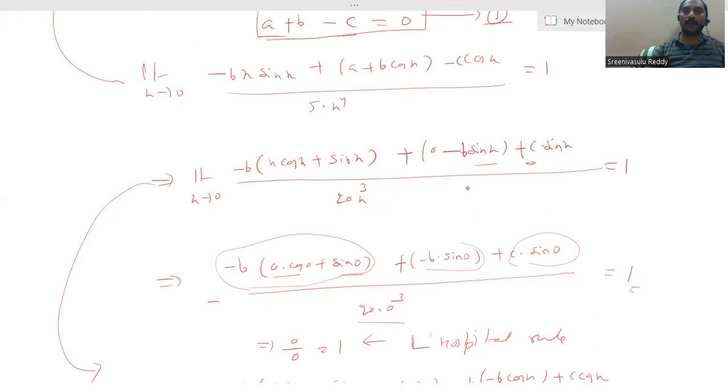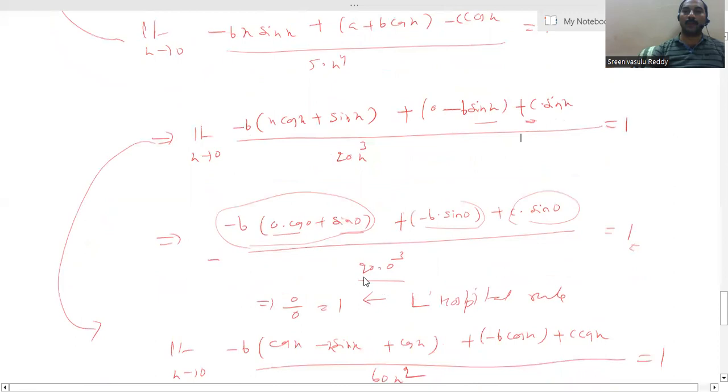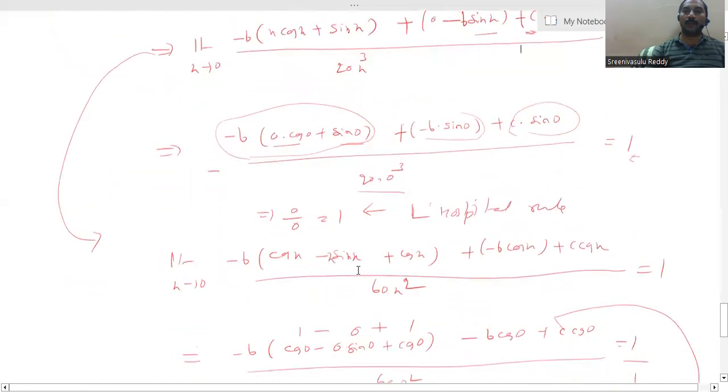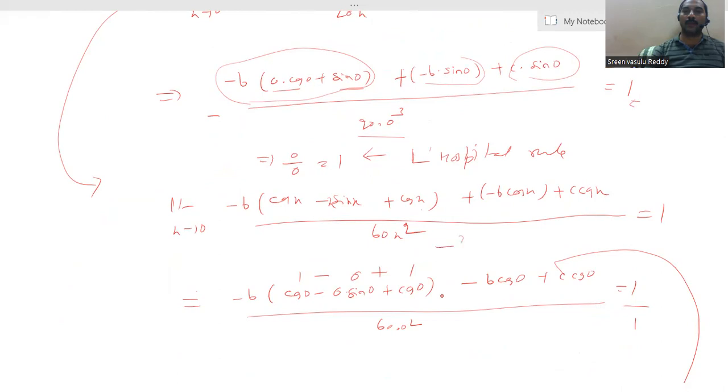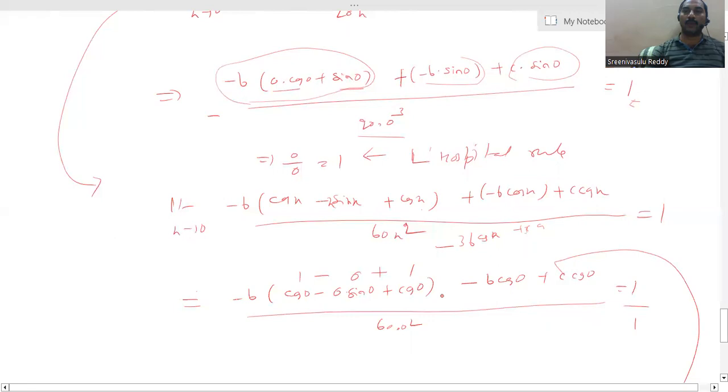After substitution of the limit, we get a 0. So we have some problem. Here, minus B, minus B cos x, this is 0, minus B cos x, minus B cos x, minus 3B cos x, plus C cos x, C value equal to plus 3B, 3B cos x by 6 into 0.